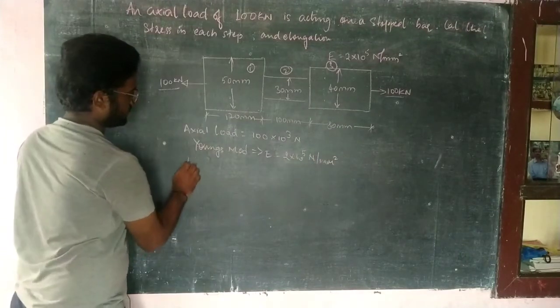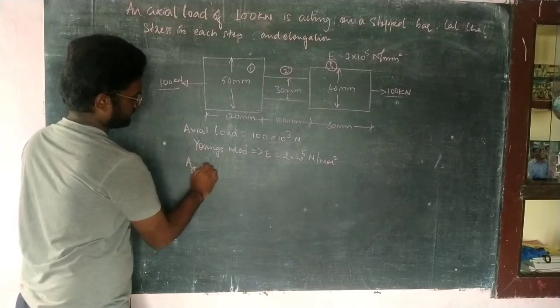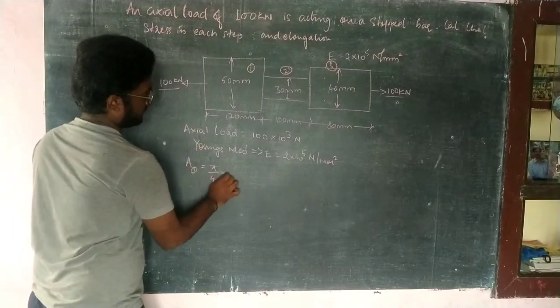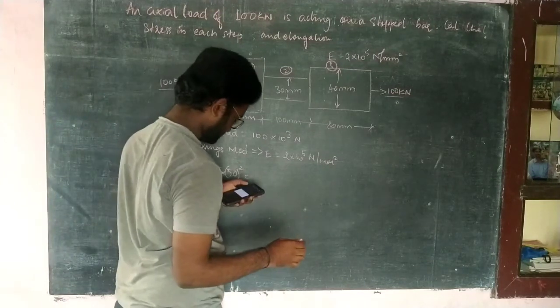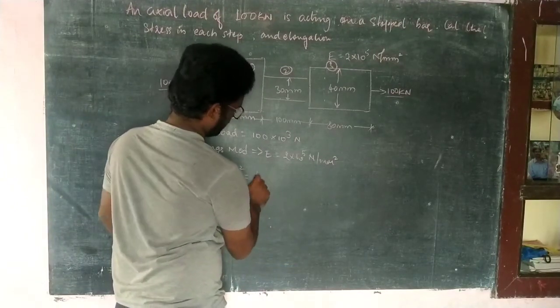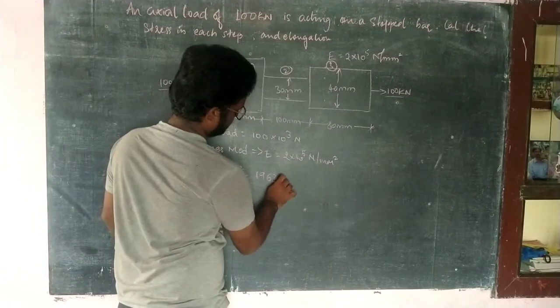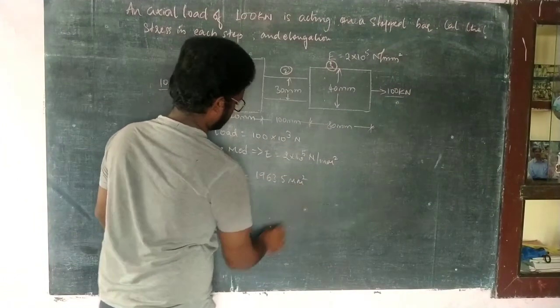50 mm. So area of 1, that is pi by 4 into 50 square, which gives 1963.5 mm square.